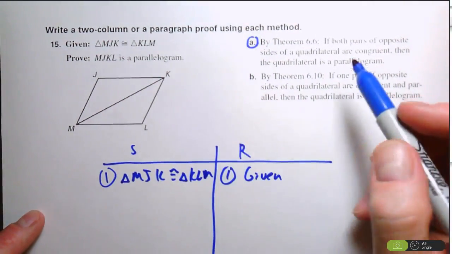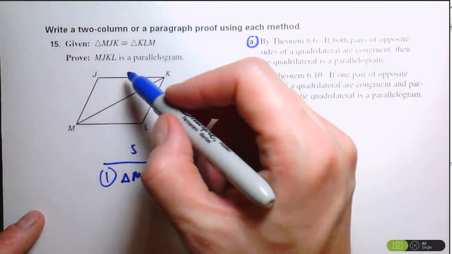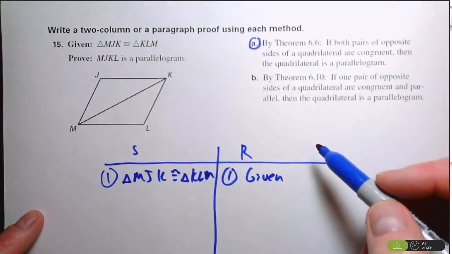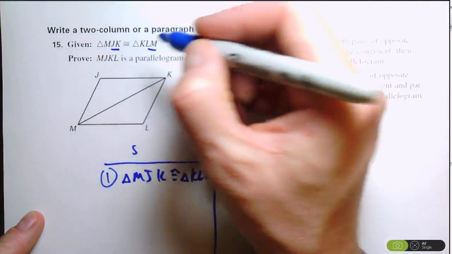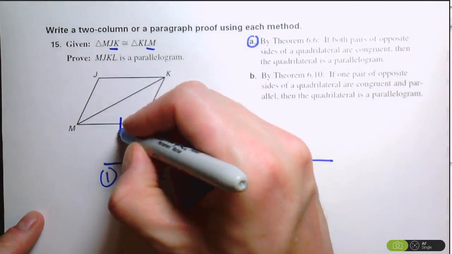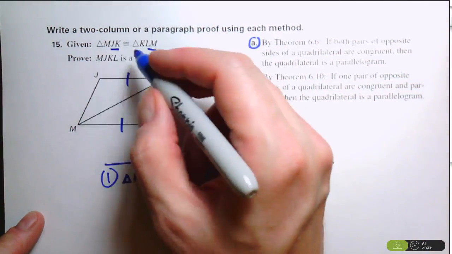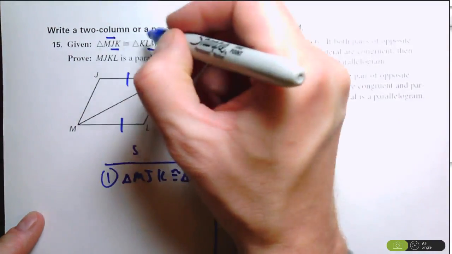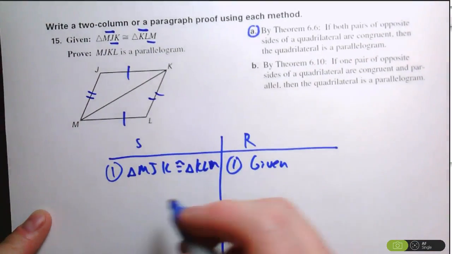Now if you look at this here, what we're trying to prove is that both pairs of opposite sides are congruent. So I'm trying to show that JK and ML are congruent. Now the question is, why would I know that? Hopefully you'd say, oh, well, by the congruence statement, JK and LM correspond. Similarly, I'm trying to show that MJ and KL are congruent, and hey, they also correspond. Oh, so that's pretty easy.